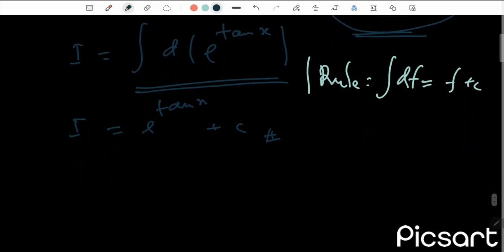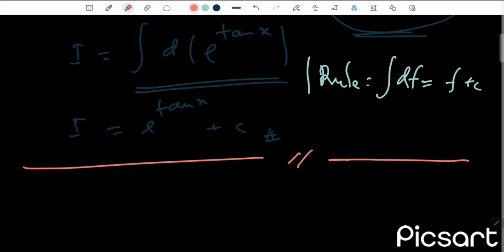Okay, now we will solve the last exercise for this video. To remember here, we are applying different kinds of rules and techniques of integration to solve different kinds of integrals, and we are learning different techniques to transform.